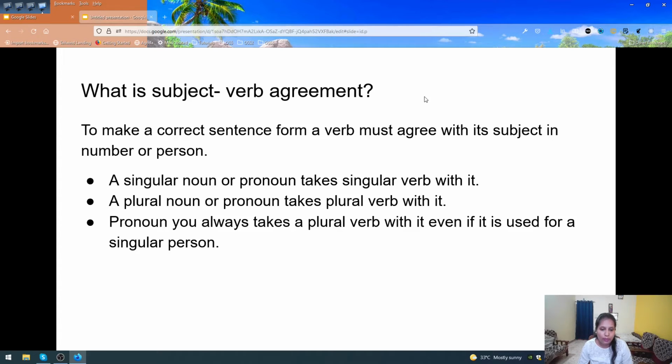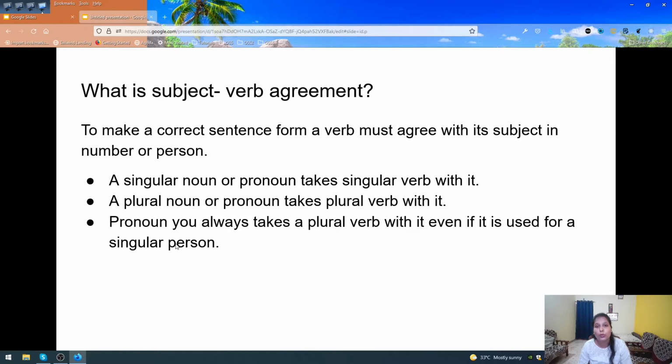The pronoun you. Yes, you is a second person pronoun, isn't it? So when there is this pronoun you, it will always take a plural verb with it, even if it is used for a singular person. So if I talk to a single person, what you are doing, are is a plural verb, isn't it?